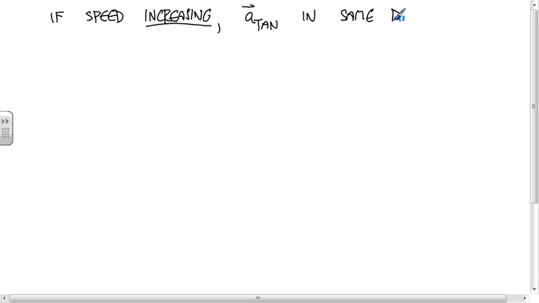So if the speed is increasing, we're going to have a tangential acceleration in the same direction as the velocity vector.